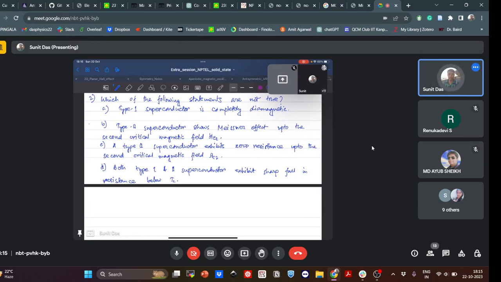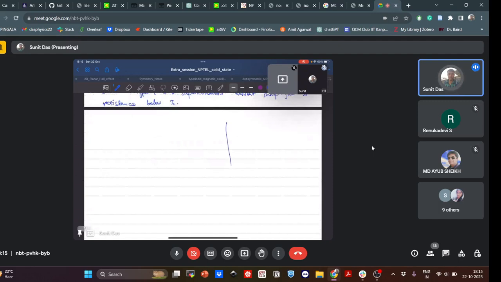So why is the second option wrong? Because if we see the magnetization versus applied magnetic field curve for type 1 and type 2, this will be M. So this is type 1 and this is type 2. For type 1, below the critical field it goes like this only. So this is Hc.